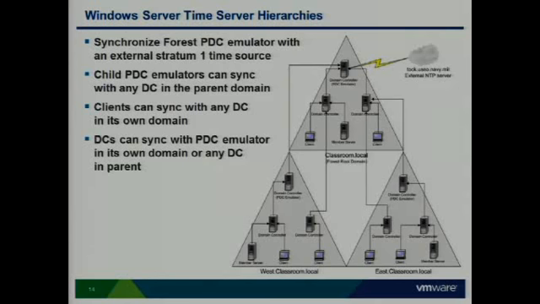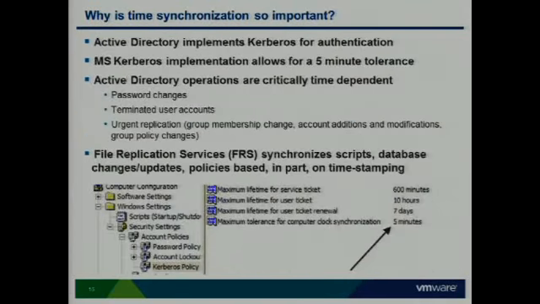At the very top, we're showing an external time synchronization to some external time source. There are a number of choices, and I'm sure everybody here probably has some form of time synchronization server in their environment, or some source they're using outside their environment.